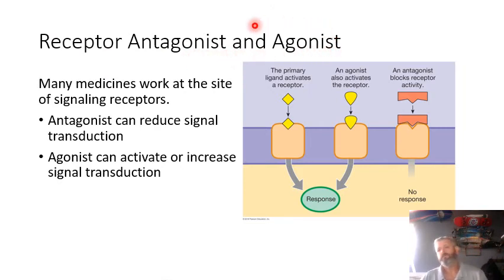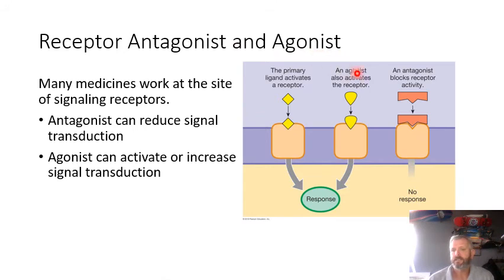Many of your drugs, your medicines, your pharmaceuticals, act as receptor antagonists or receptor agonists. Here's your natural ligand, binding here, it activates and gets a response. There are many medicines that are agonists.